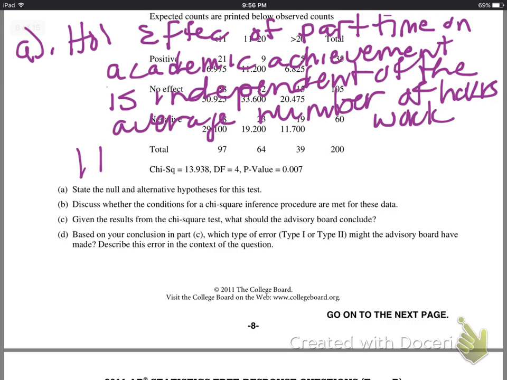Okay, now you can't do this, but then HA would be the same thing, but they would change independent to dependent. Okay, don't do that. You have to write it all out.